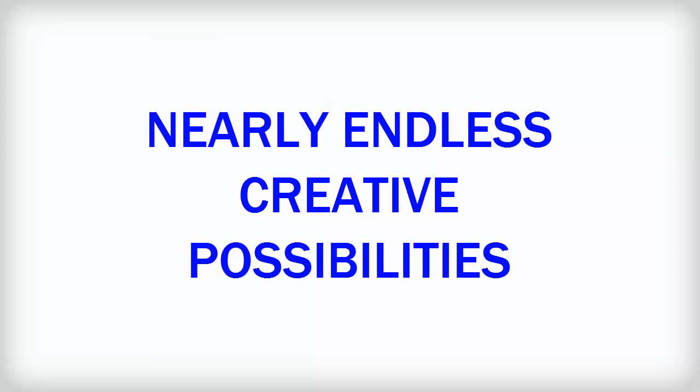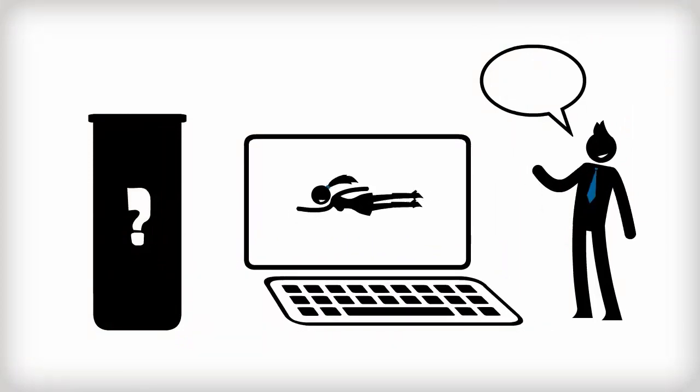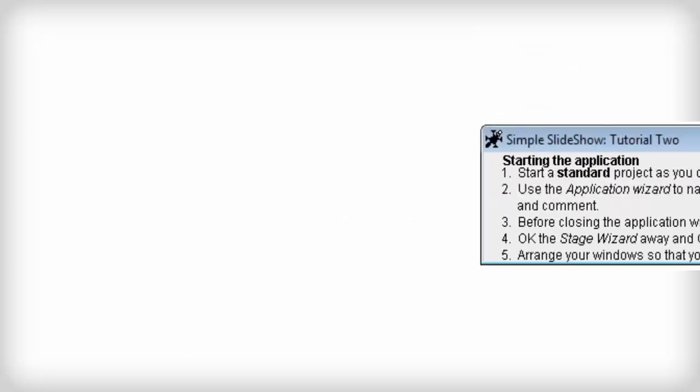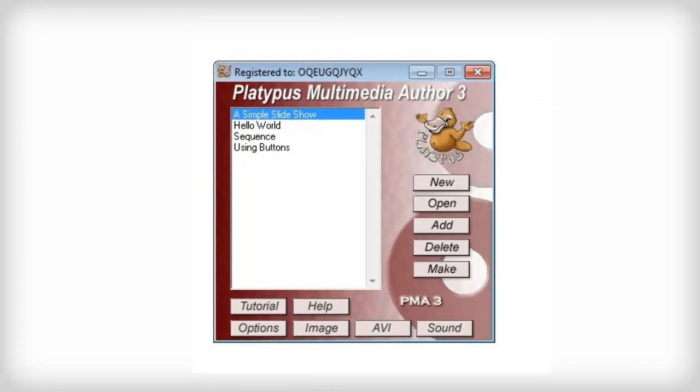The creative possibilities of this software are nearly endless. You can tell a story, make a quiz, design a simple cartoon, or even the next simple and addictive video game. You can create your own little marvel, using both the written and the interactive tutorials and retrace your steps wherever you feel like it. These are but a few reasons why you should check out Platypus Multimedia Author.